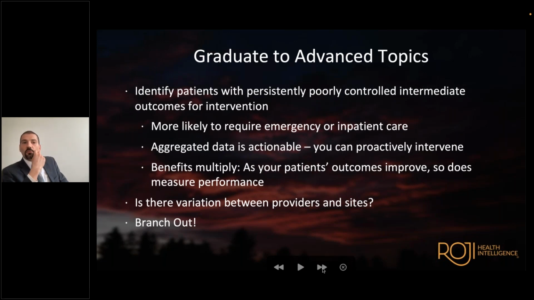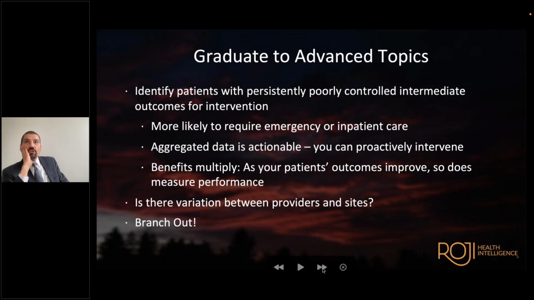They're intermediate outcomes. So you need to identify these people before they become an issue. They're going to be more likely to require care in the hospital or in the emergency department. And what you can do with aggregated data is you can see where these patients have gone, where they have not gone, and you're able to be proactive.